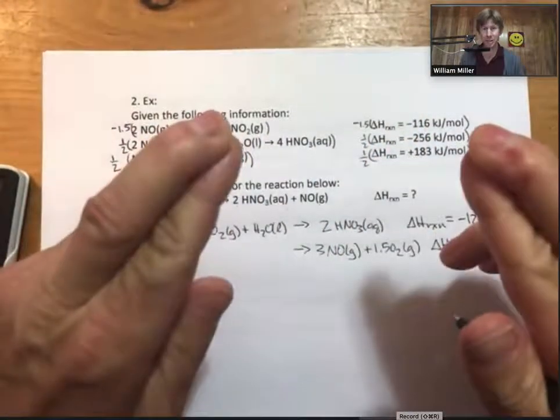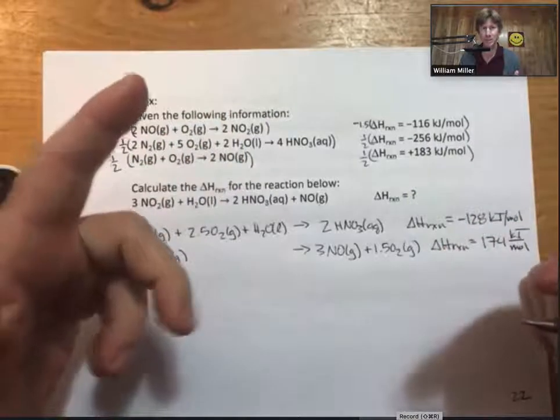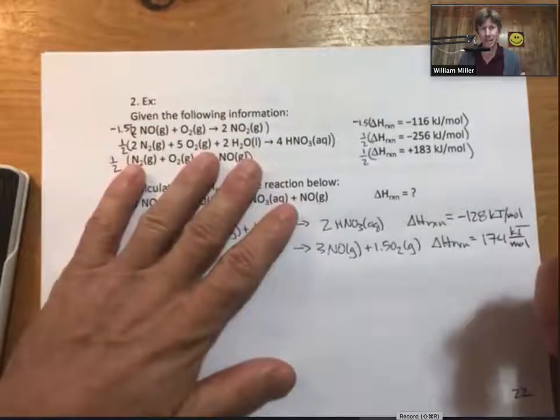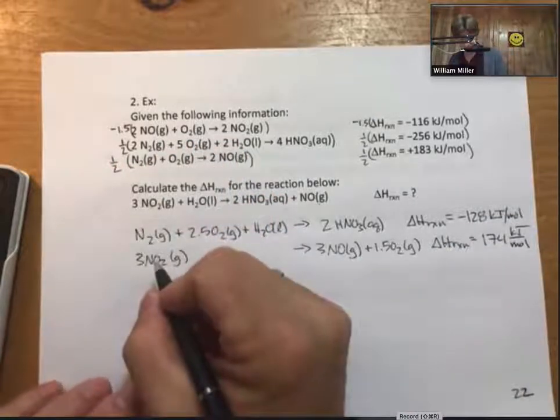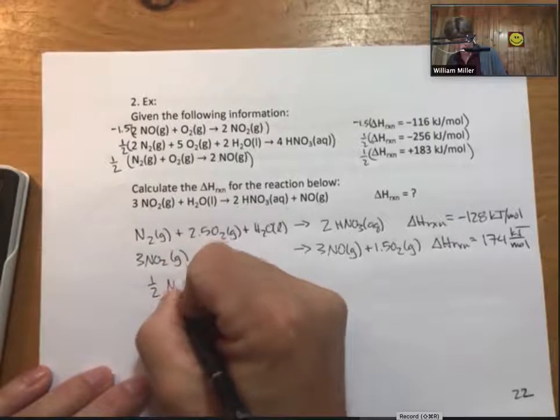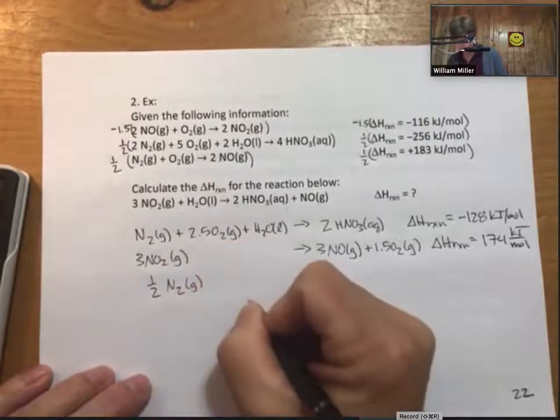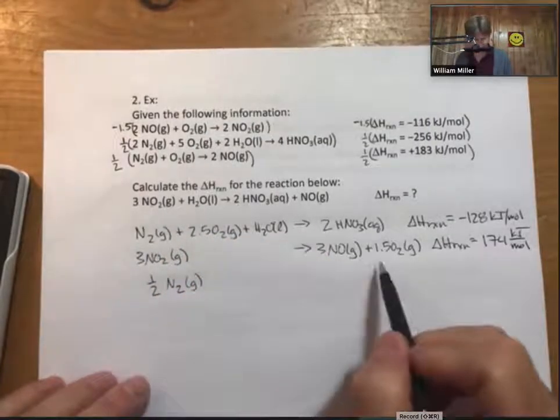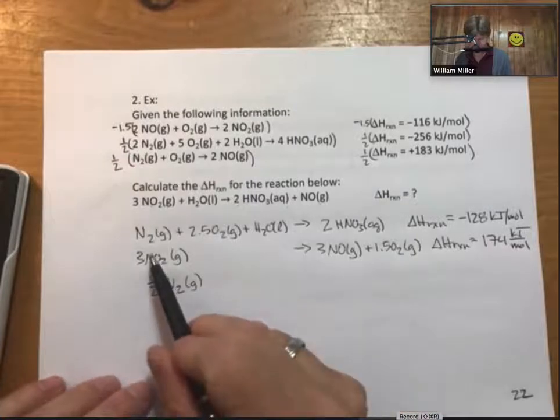Keep my fingers crossed that this works. If it doesn't work, I'm going to have to go get another piece of paper and start over again. Let's see. Now half N2. Oh, I hope this works.